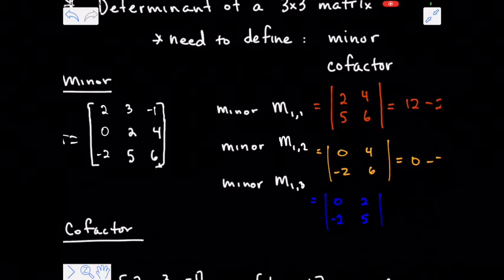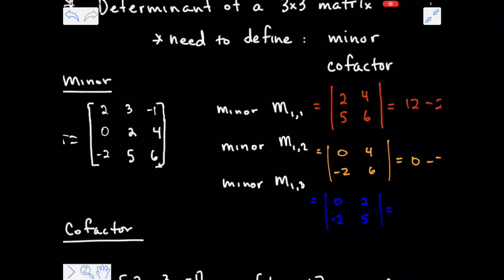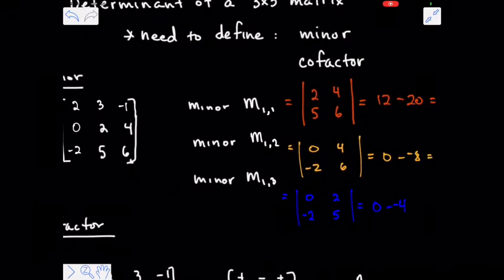Then we find the determinant. So that product is 0 minus this product, which is negative 4. 0 plus 4 is 4. So those are called minors. Minors are found by crossing out a row and a column, a particular row and column. So that's what a minor is.